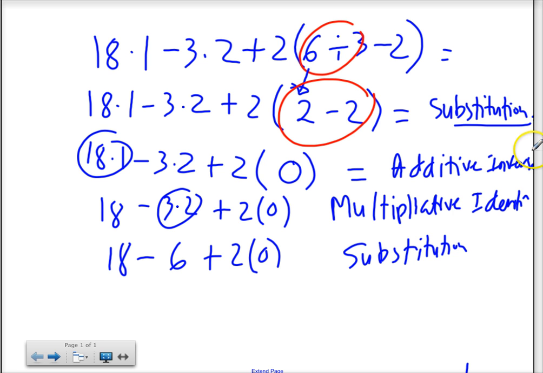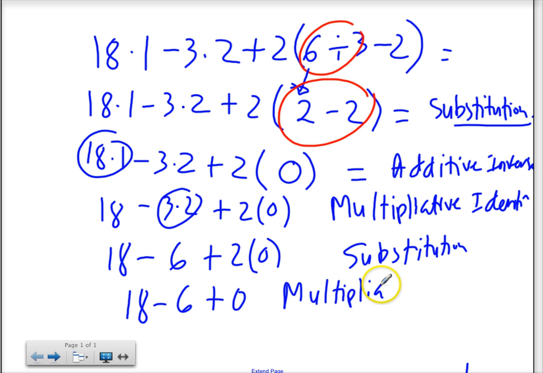Ooh, I think I know that property. What is that? Yeah, multiplicative property of 0, or zero product property. Either way, but let's name it multiplicative property of 0. My spelling's really bad. Sorry about that.